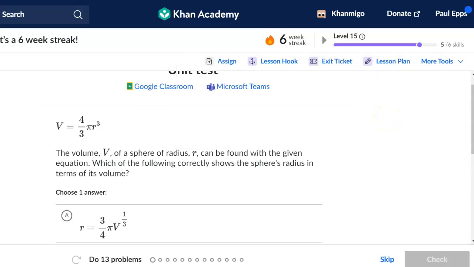All right, let's try it like this. Let me get the pen back. Why don't we start by dividing both sides by pi? We would get V over pi equals 4/3 r cubed.